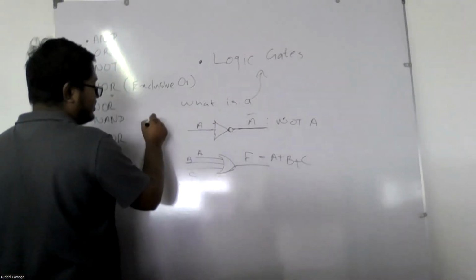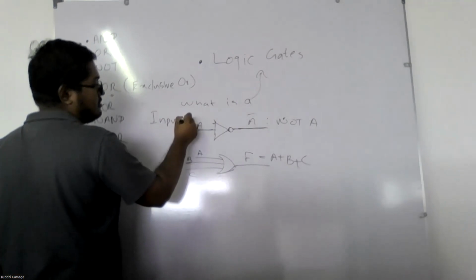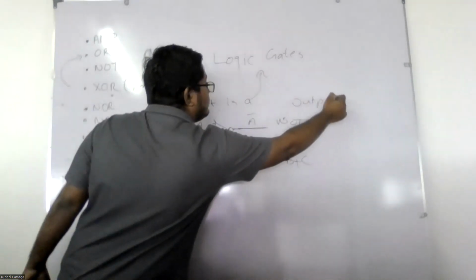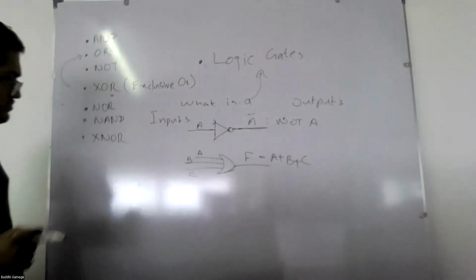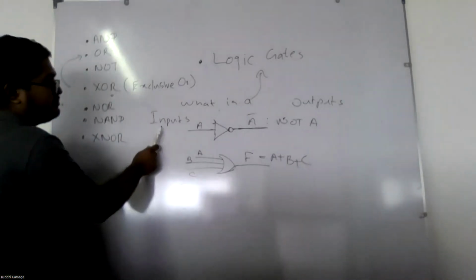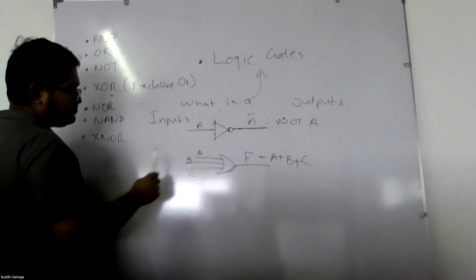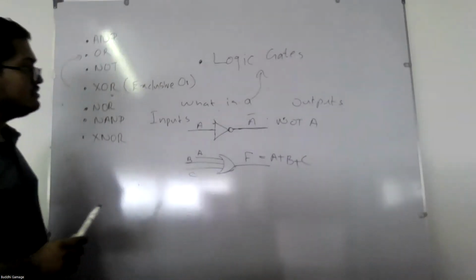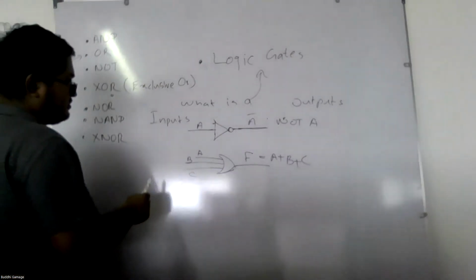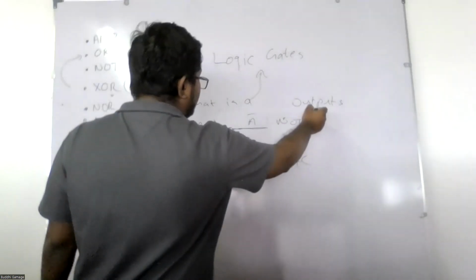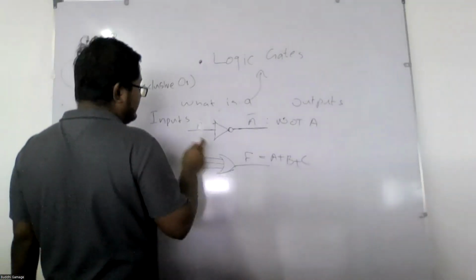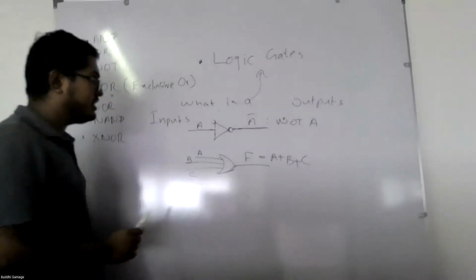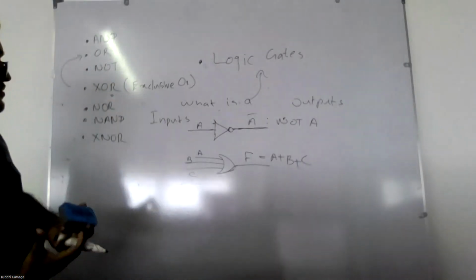So you can see in gates there are inputs and outputs. The output will be based on a logic or a rule that tells how the output is derived from the input.